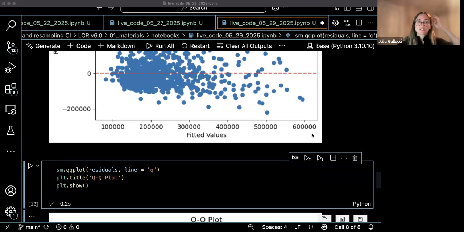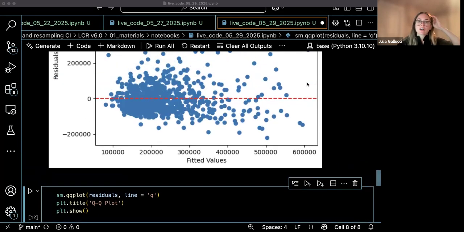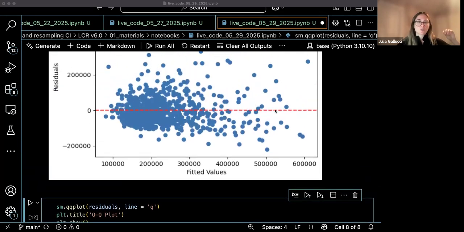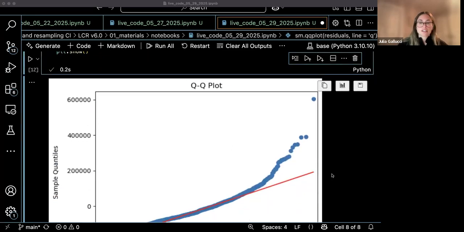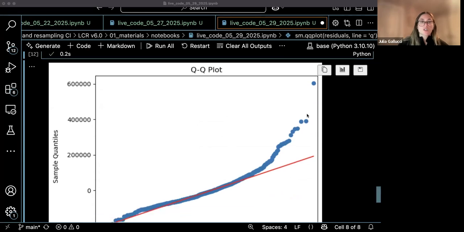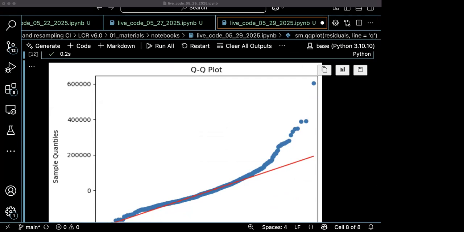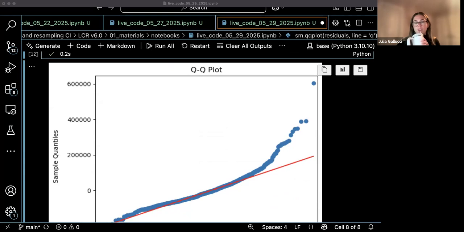You can see, for example, that as there are larger fitted values, it becomes less concentrated towards 0. Similarly, as we get larger values, we see more deviations from normality. So perhaps as the values that we're predicting get larger, we see these deviations from normality. Oh, I see. I think I should have flipped the axis then. Yeah, that made more sense. Okay, thank you.